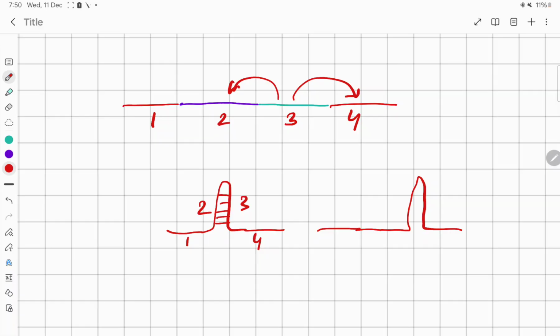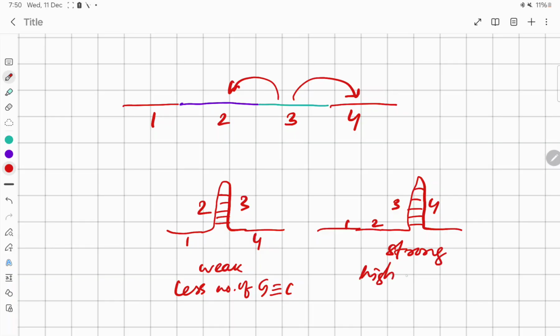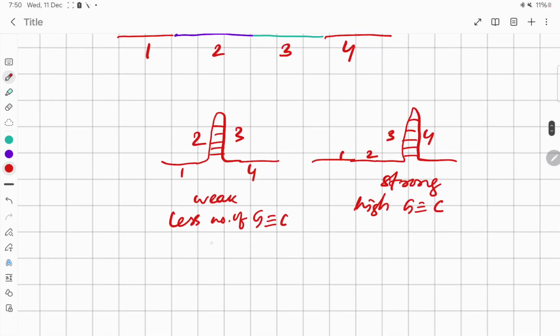The 2-3 binding is weak because there is a lesser number of GC, guanosine and cytosine, bonds, and the 3-4 binding is strong because there is a high number of GC bonds. So 2-3 binding is weak, whereas 3-4 binding is strong, and it acts as a termination loop.